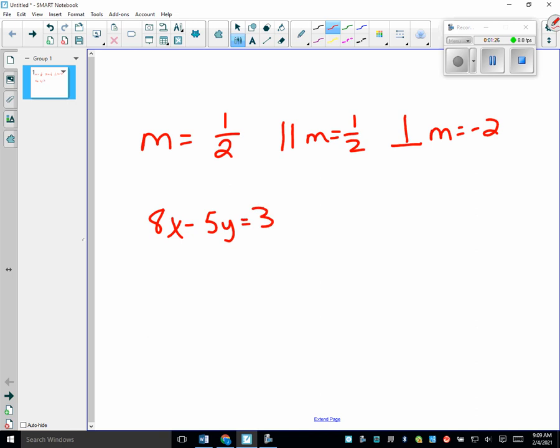That's my first line. And 2x equals 5/4 y plus 1. I want to know, are these two lines parallel, perpendicular, or neither?